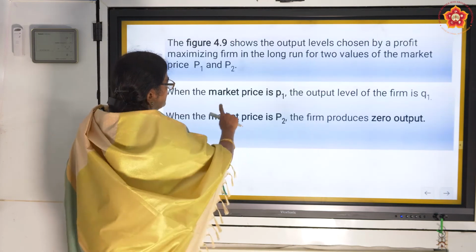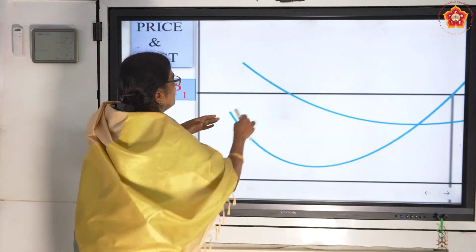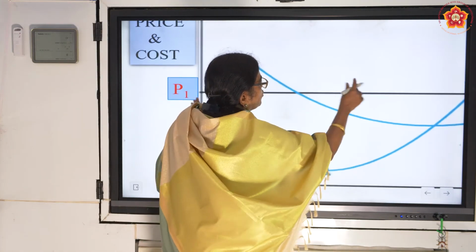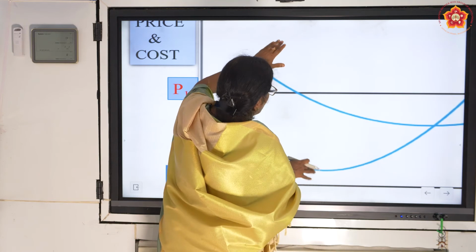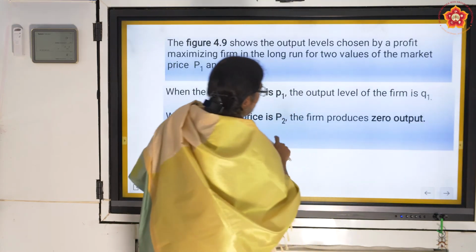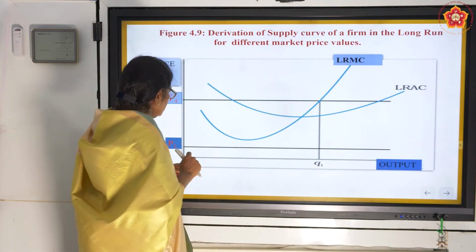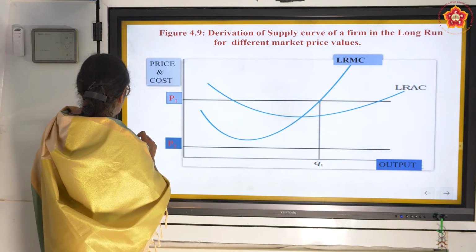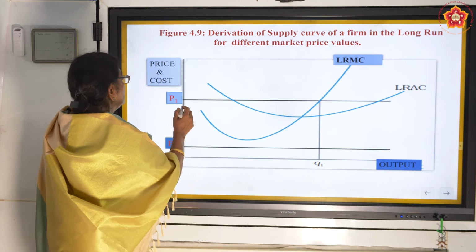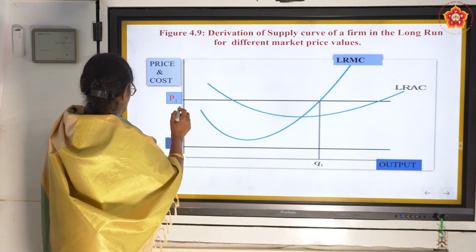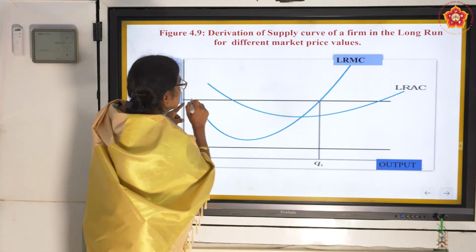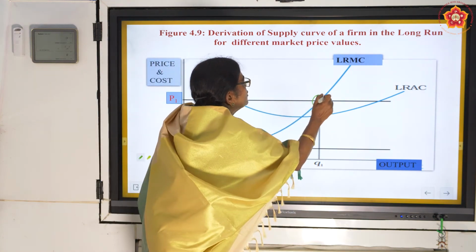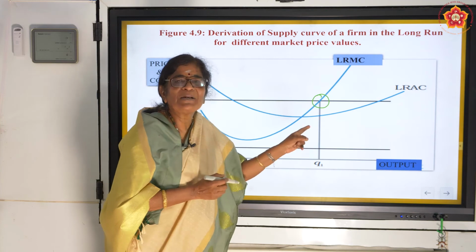How do you do that? By equating this price line with the rising part of the LRMC. What is happening here?